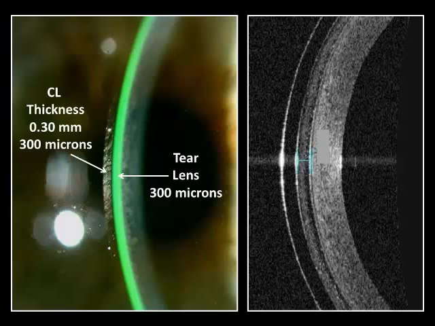Are they approximately equal? We're looking for a similar fluid layer between lens and cornea to what we have as a thickness of our ICD lens. So the ICD lens is 0.3 millimeters thick, or 300 microns, and we want a similar thickness of fluid, maybe slightly more, up to 400 on insertion.